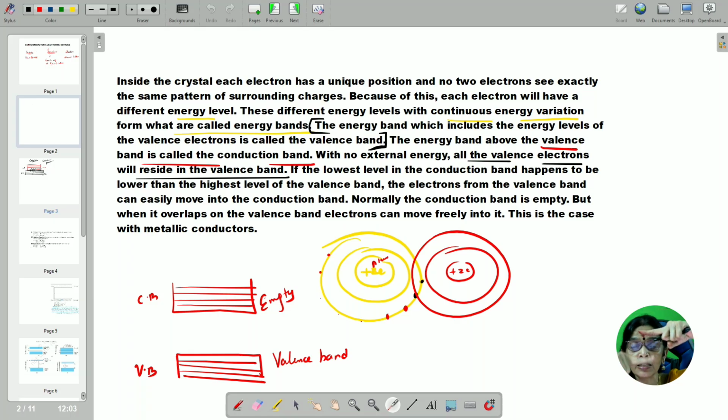This is the conduction band, this is the valence band, both overlapping. In the valence band, there is the valence electron energy level. The conduction band is empty. If they overlap, the electrons easily jump and then conduction is possible.